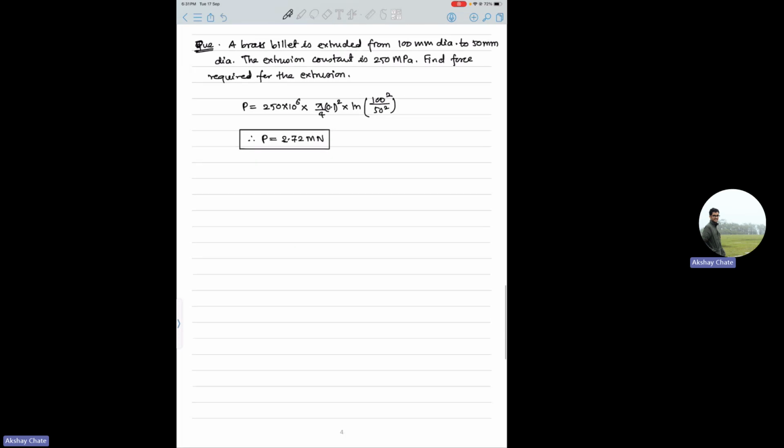Because there are some metal forming defects, but it is better to discuss them individually. So in which category, for example, in extrusion there are some peculiar defects. In drawing, etc., there will be some other defects. Okay, so we'll discuss such things. So in extrusion, there are some 2-3 defects that you should remember.